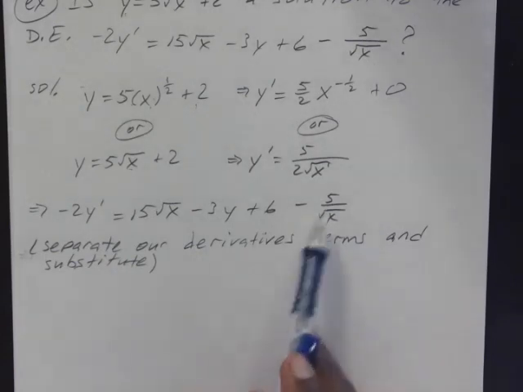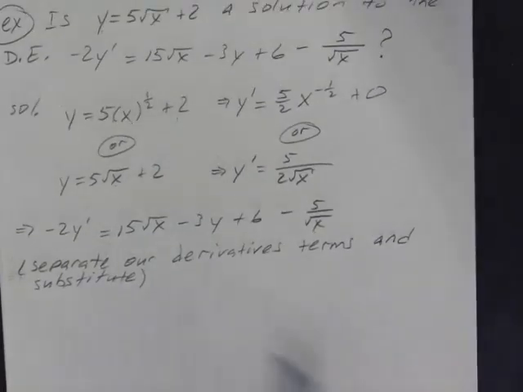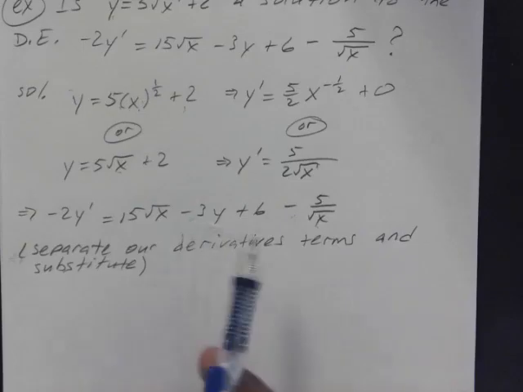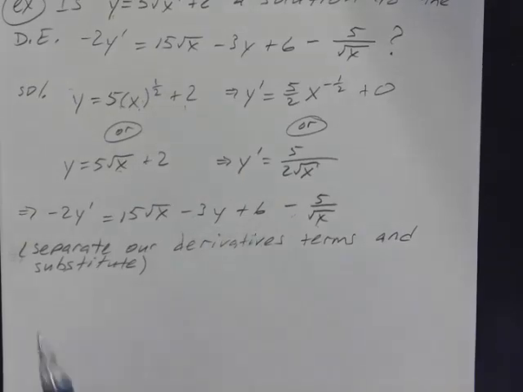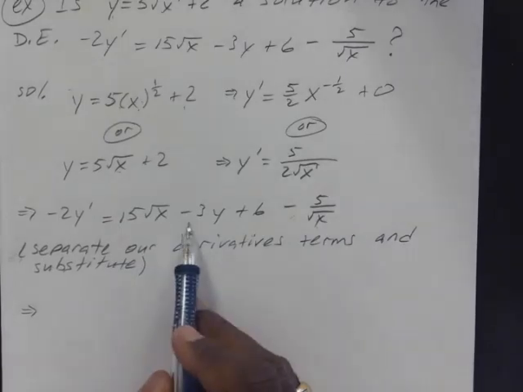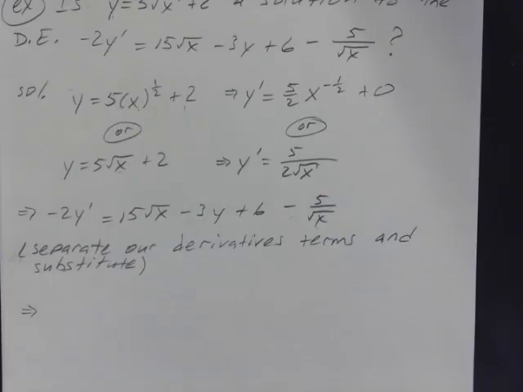Okay, so if we add 5 over square root of x to both sides, actually we can just keep those together and just get rid of the negative 2y prime minus 3y. So we can add, oh, actually we can go ahead and add that to both sides.